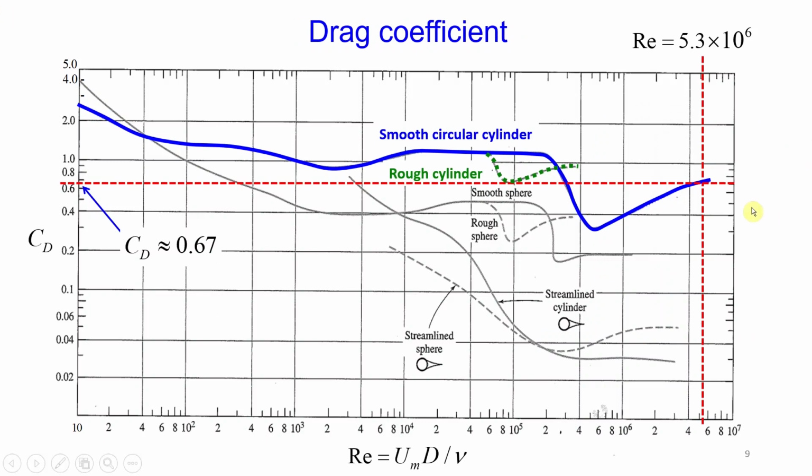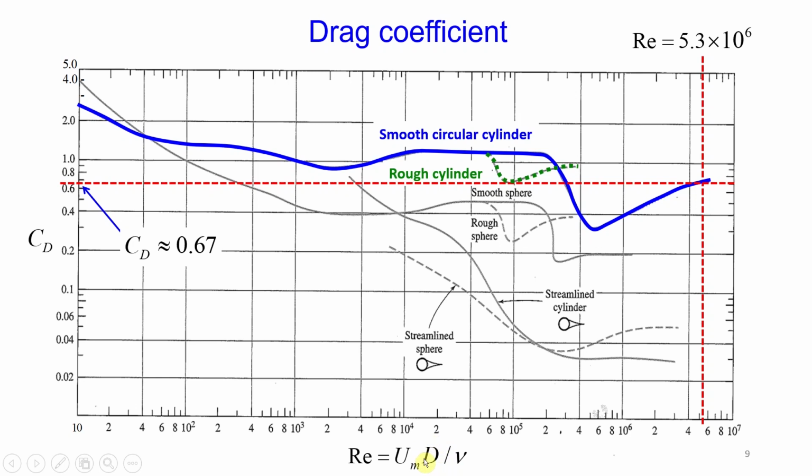You can see that CD I have taken as 0.67 and my Reynolds number is 5.3 multiplied by 10 to the power 6. The Reynolds number is defined as mainstream velocity multiplied by diameter divided by kinematic viscosity. If my dominant velocity is roughly 8, the only parameter I can change is the diameter of my cylinder.